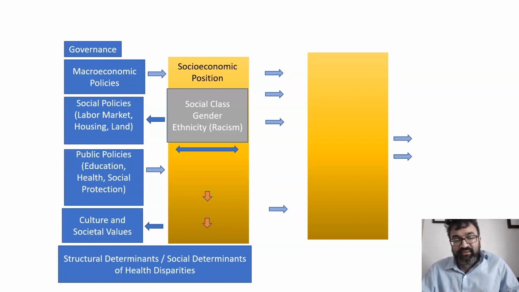As the arrows indicate, this is something that can change, as far as social class. Of course, gender and ethnicity remain the same. In this model, actually, social class is considered to be stationary as well.